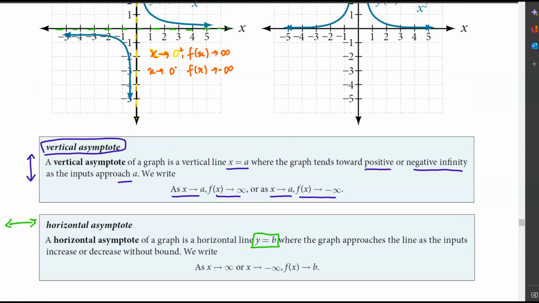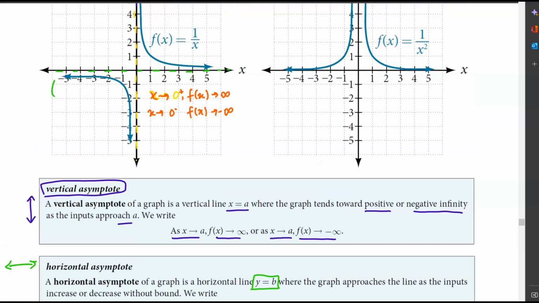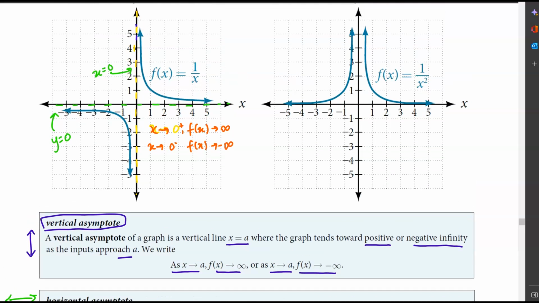In this particular case, we have a horizontal asymptote here at y equals 0, but we have a vertical asymptote here at x equals 0. Similarly here, we have a vertical asymptote at x equals 0, but we also have another one at y equals 0, because notice how these functions get really, really close to this axis, but they never touch it.